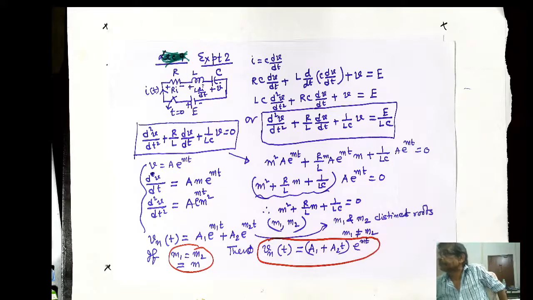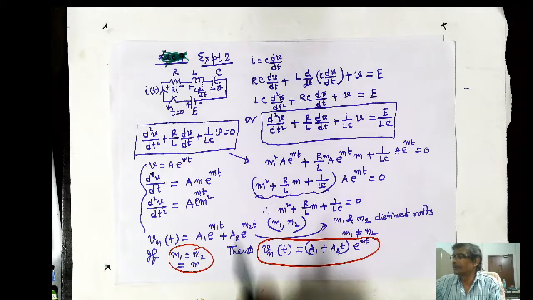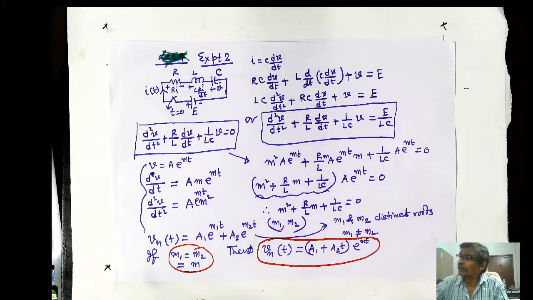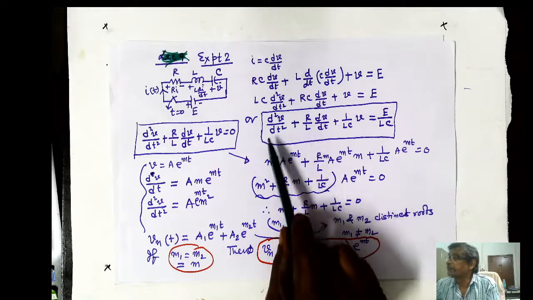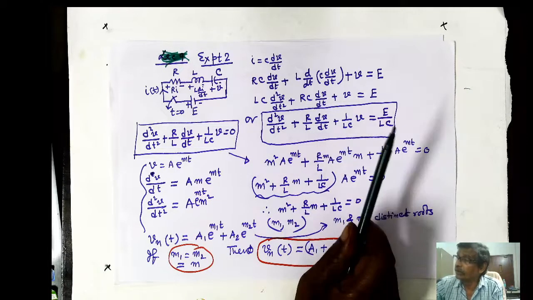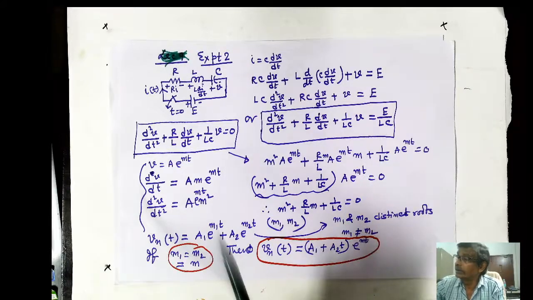Now, to find out the natural response, the right hand side is equal to 0. So these three terms added up must give you 0 for all time t.